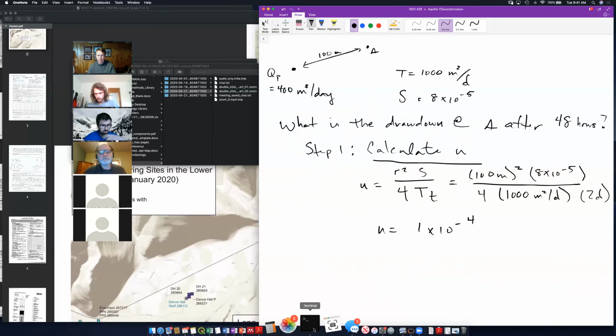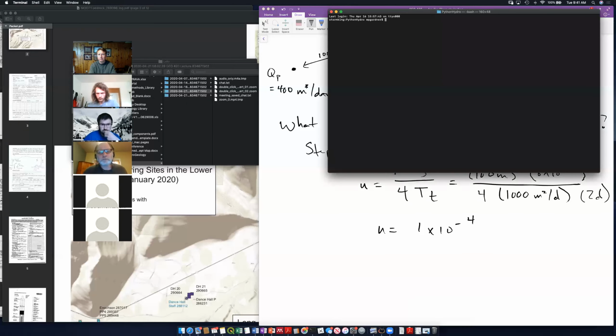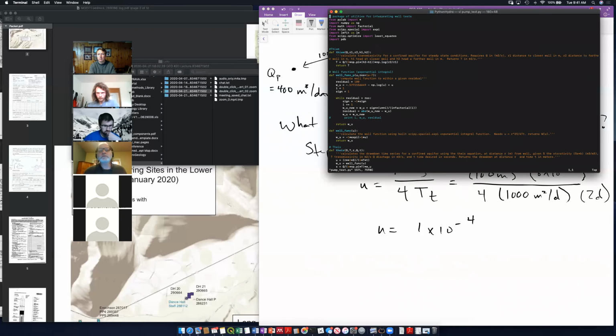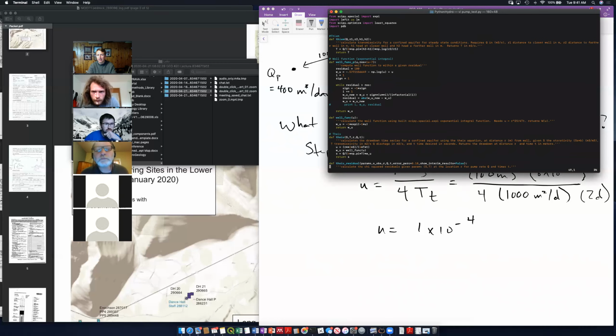And I've written a well function program here in Python.